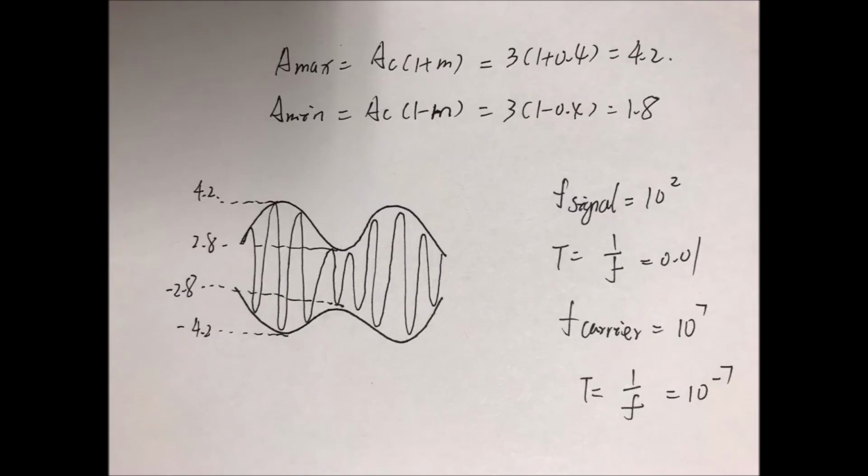A max is equal to your AC times 1 plus M, which in this case, our AC is 3 right here, and our M is 0.4. And we need to find our A min next, which is this value.